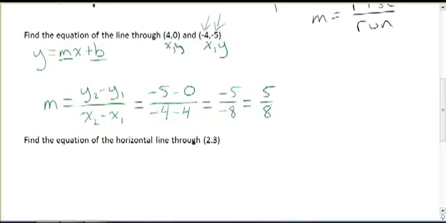Okay. I'm halfway there. I know the slope. I know the m. I still don't know b. I need to know where this line crosses the y-axis. Well, I've got a couple of different ways I can do that. I think one way is quicker than the other. So let me just go ahead and introduce that to you. We've got this formula, and this is another formula of a line.